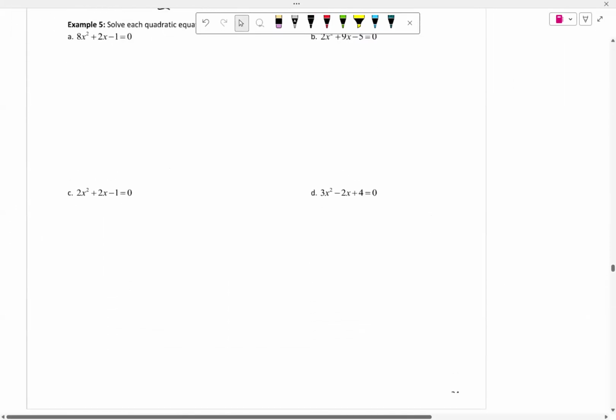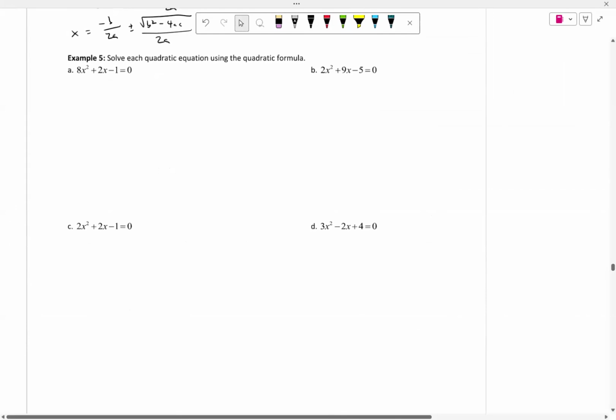Oh, look at that. 4 problems for you to do. I'll give you a moment to work through them. Please do not complete the square, no matter how badly you want to for these.